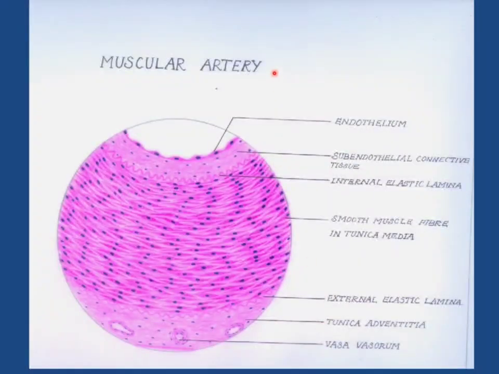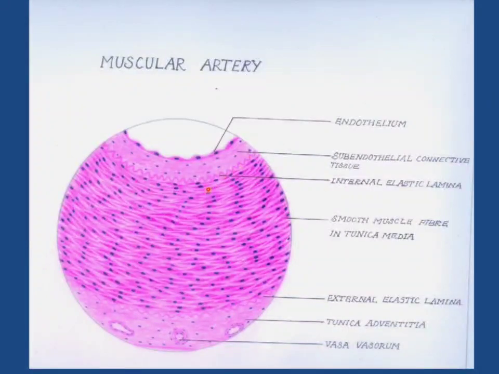Next is the muscular artery or the medium sized artery. As the elastic artery divides and redivides, the amount of elastic fibers in the tunica media decreases and the smooth muscle fibers increase. So in muscular artery, the endothelium is the same, that is simple squamous epithelium. The subendothelial tissue contains the collagen fibers, and the internal elastic lamina is made up of elastic fibers, and this layer is fenestrated.